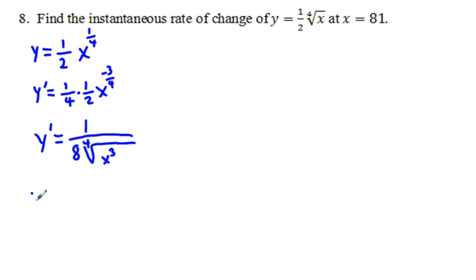So we'll say y prime of 81 is going to be equal to 1/8. And I'm going to go ahead and put in 81 and make this a fourth root. But I'm going to take all this to the third power.